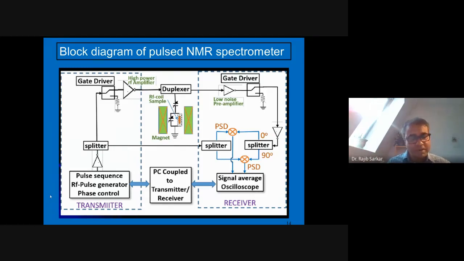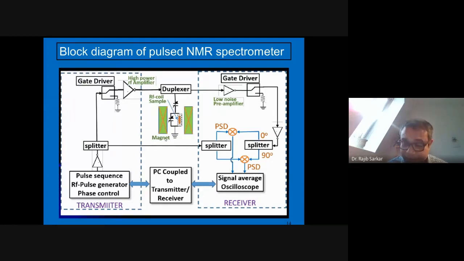There are many important parts of an NMR experiment: amplifier, duplexer, gate, splitter, signal oscilloscopes, radio frequency generators, and so on. Every part is important, there is no question about it, but two parts are essential. One is the magnet, because without the magnet you cannot do nuclear magnetic resonance experiments.